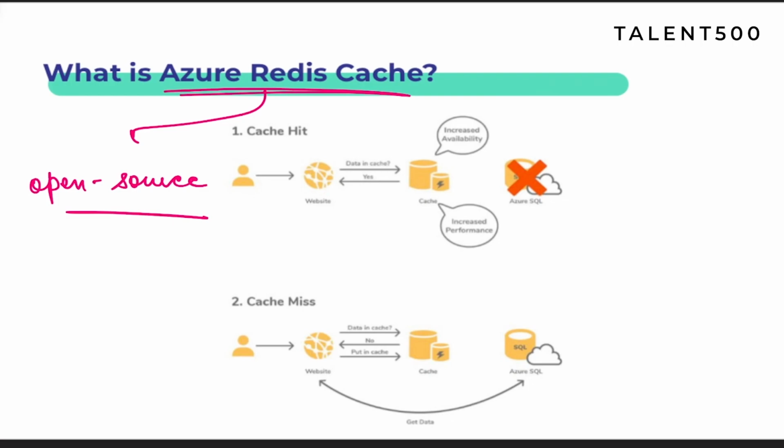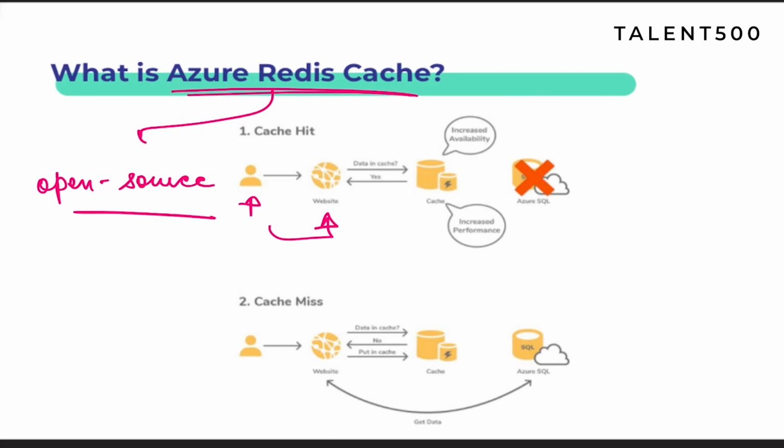Let us say this is some user accessing some website. At the time of accessing the website, it is checking for certain data. When you fetch some data from the backend database, we fetch it and store it in our Redis cache.